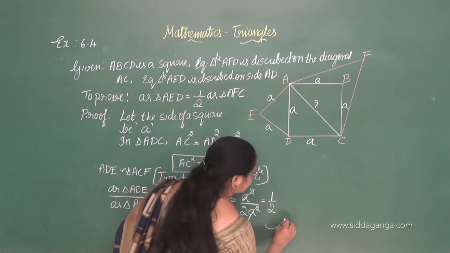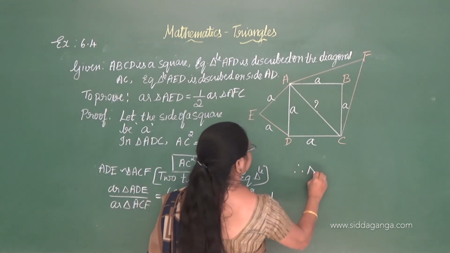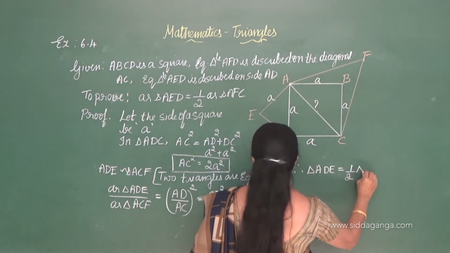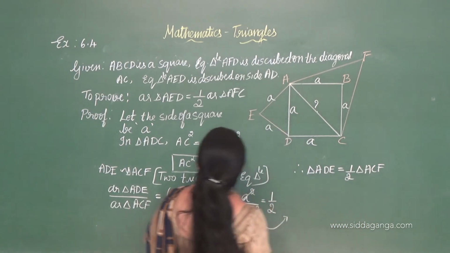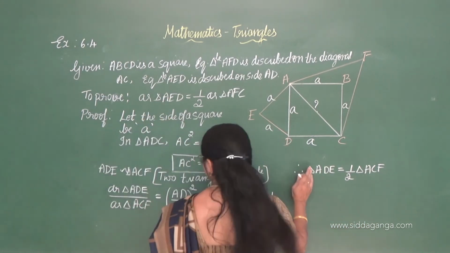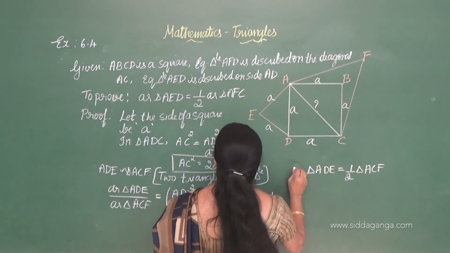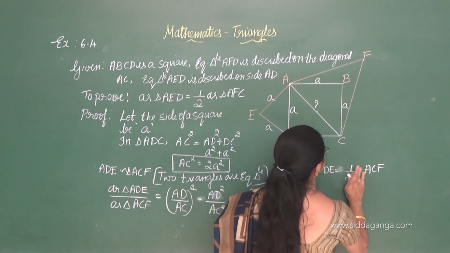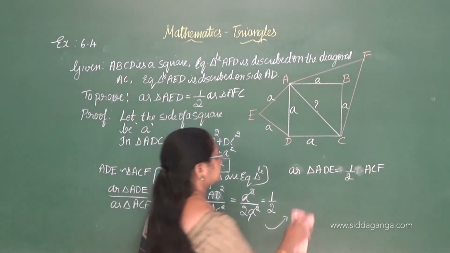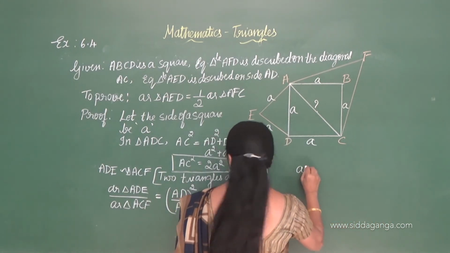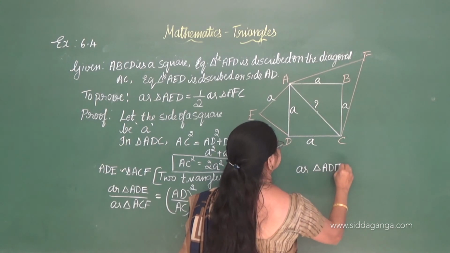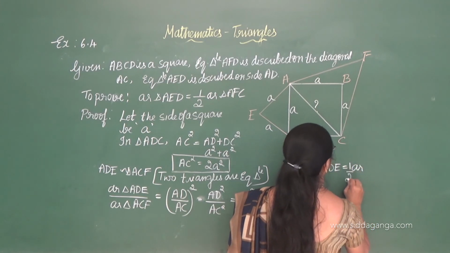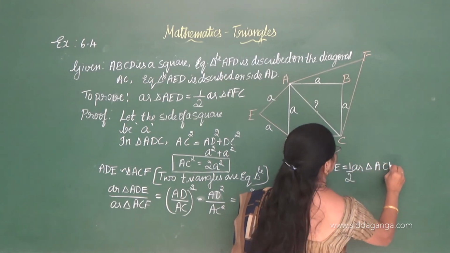Now I will continue here. Therefore, area of triangle ADE is equal to half of area of triangle ACF.